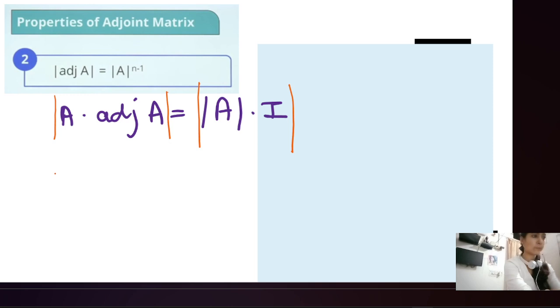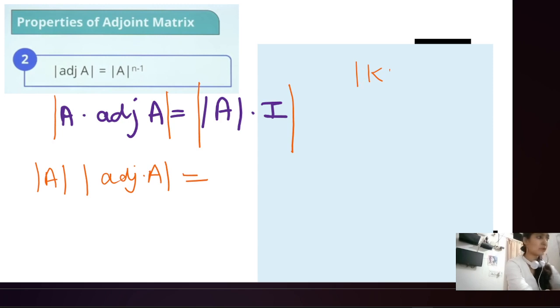So how can we open this? We will get determinant of A times determinant of adjoint of A. Here there is one important property I just want to remind you of to solve this question, otherwise you will face confusion. I have already discussed it in the fourth lecture, but again I'm going to discuss it here.